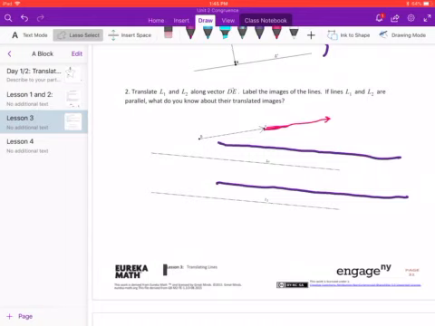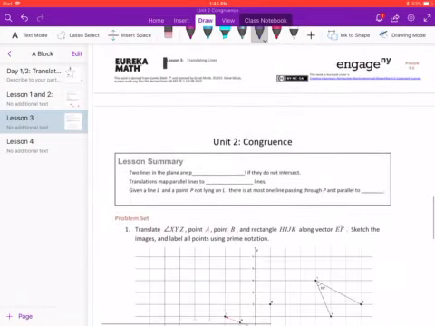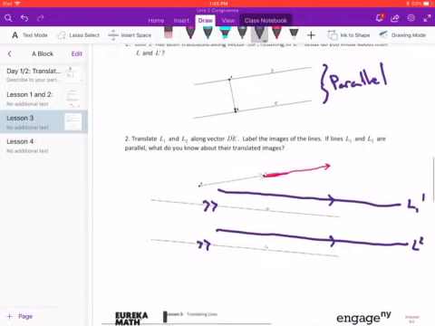Well, what do I notice? This is crazy. I'm going to label these L1 prime, L2 prime. These two are parallel, just like these are parallel. So if I translate parallel lines, then they stay parallel. Parallel lines will stay parallel. All right? Pretty cool stuff.